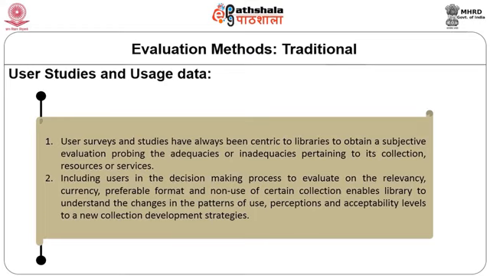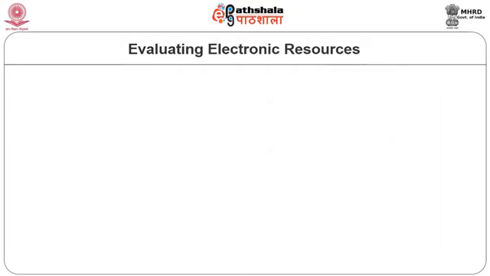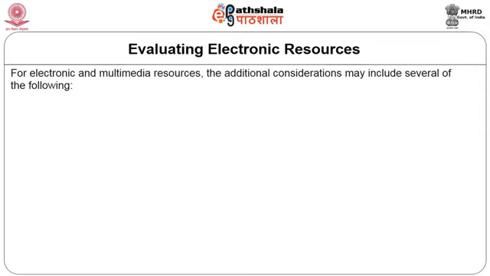This enables the library to understand the changes that are in the pattern of use, perceptions and accessibility levels to new collection development strategies. We have already discussed about the traditional methods of evaluation for selection of library items, but while selecting the electronic resources, we may have to look for additional considerations.